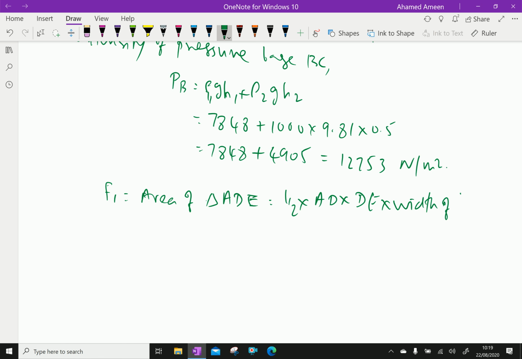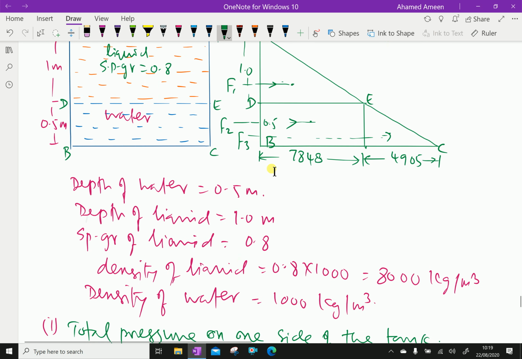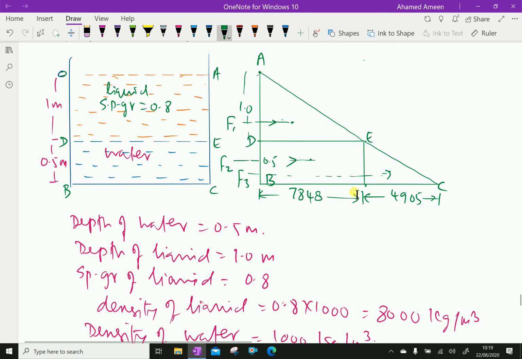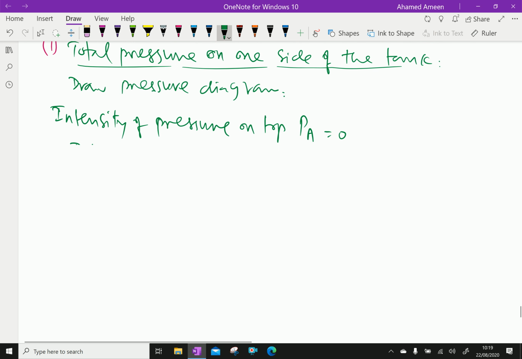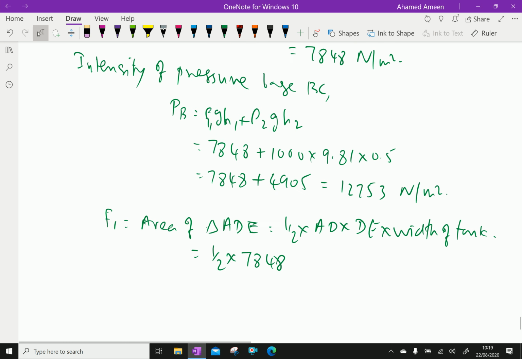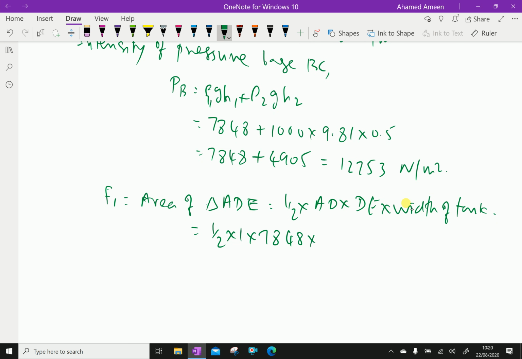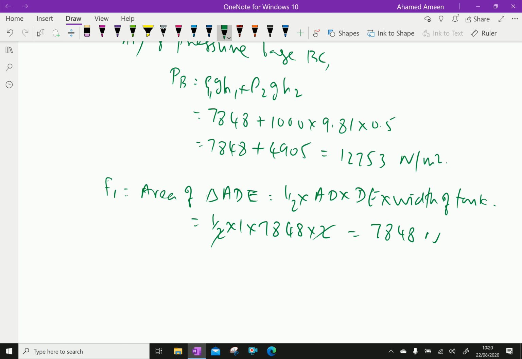Half into AD, which is 1, into 7848, into width 2, which gives 7848 Newton.